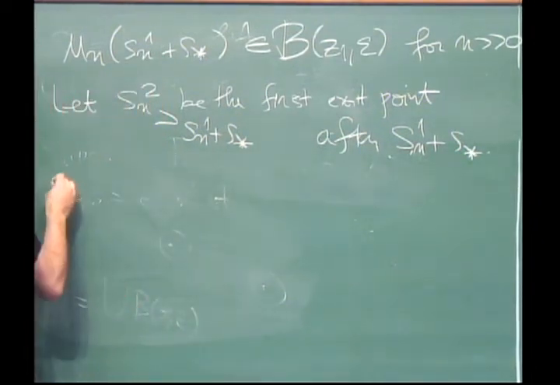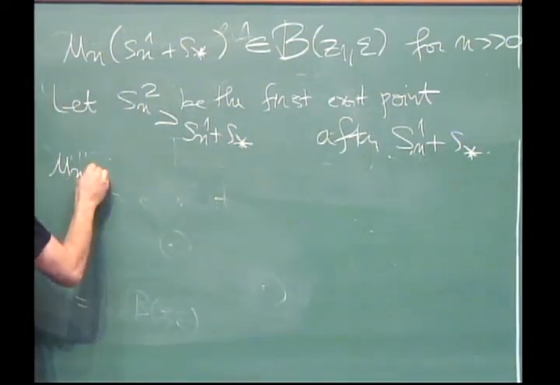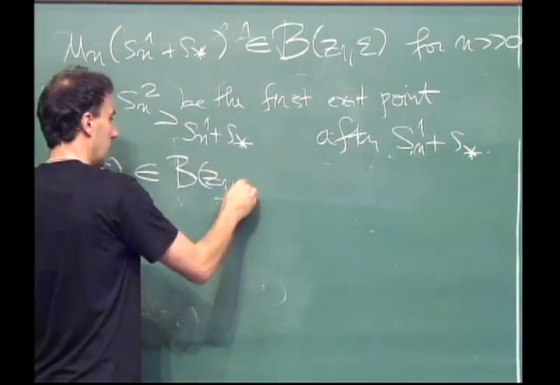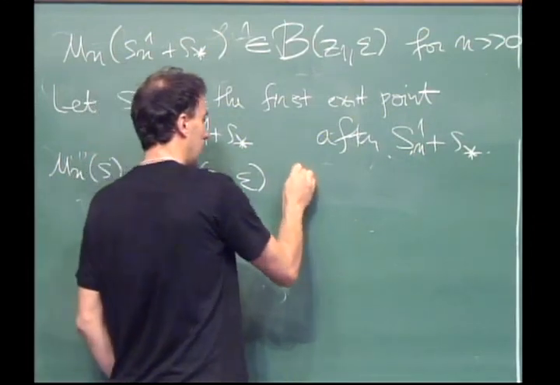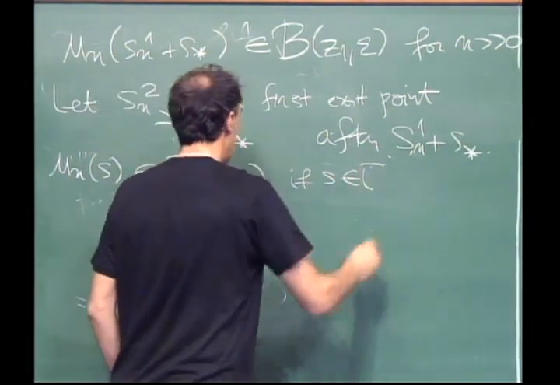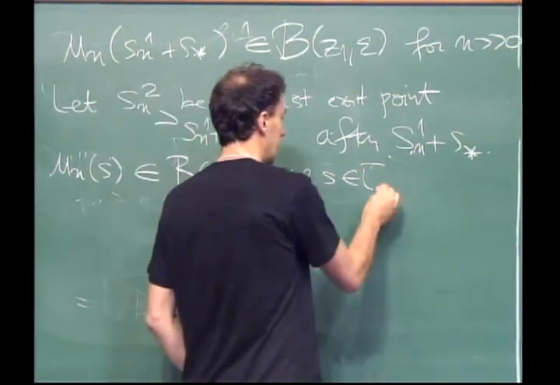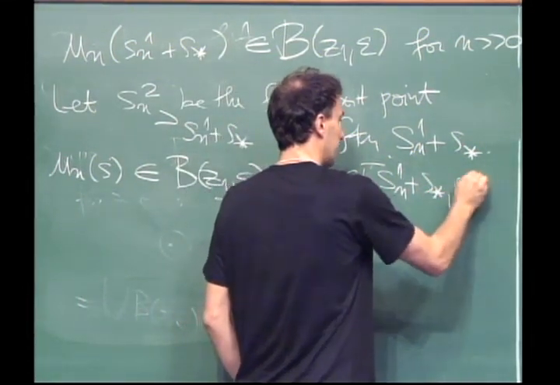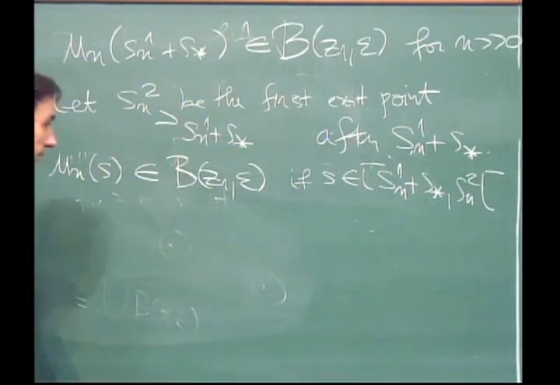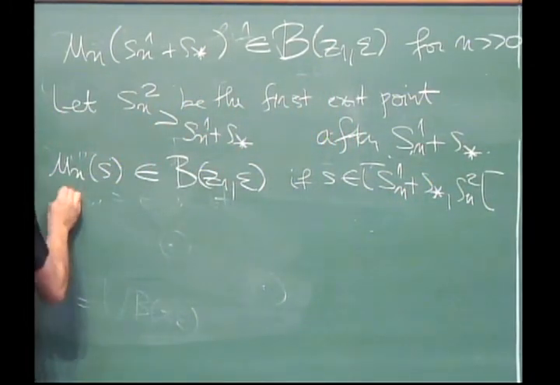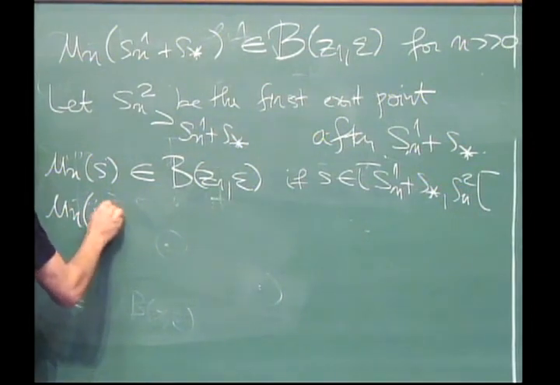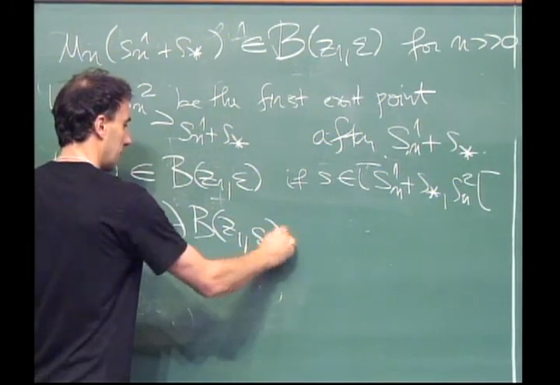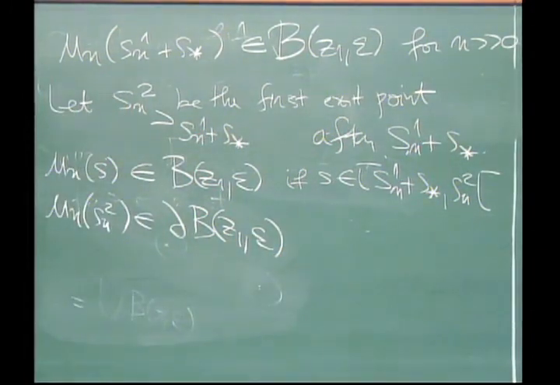So we have, therefore, that UN(S) is in this ball if S belongs to the interval between Sn1 plus S star and Sn2. And at Sn2, it exits the ball, so it belongs to this boundary. Okay.